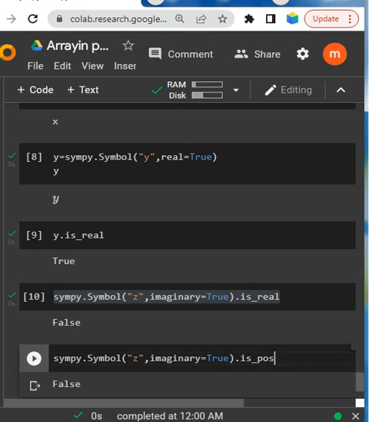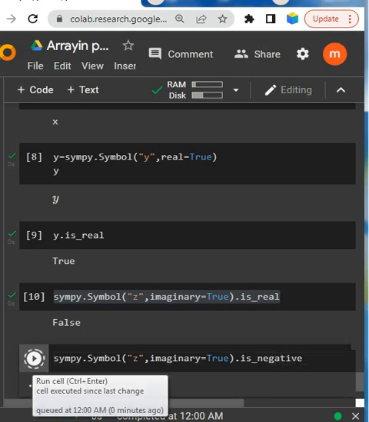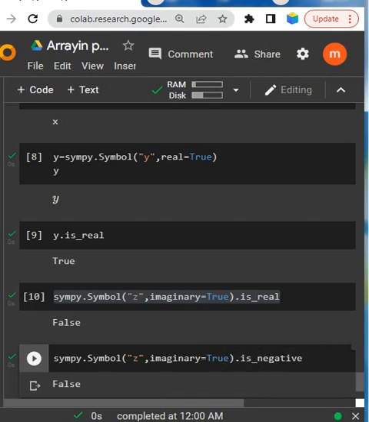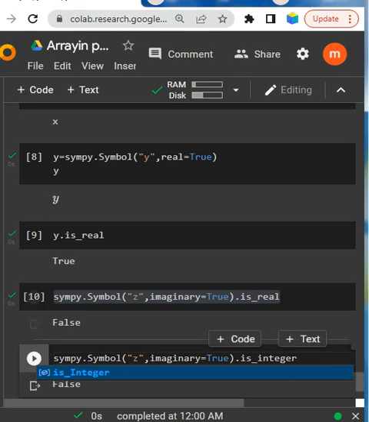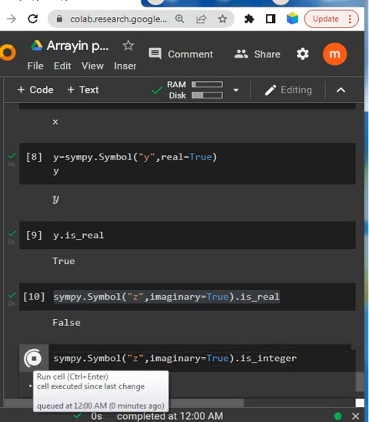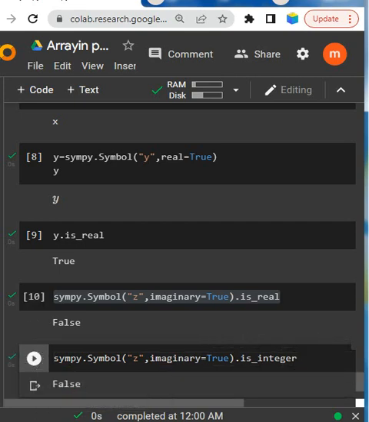If you write here negative, right? Because it is not specified that the symbol is positive or negative, false. And if you write integer, so is integer, this one is false.